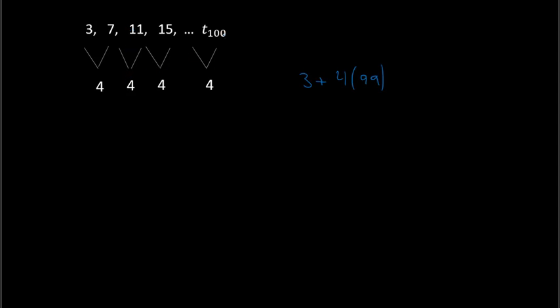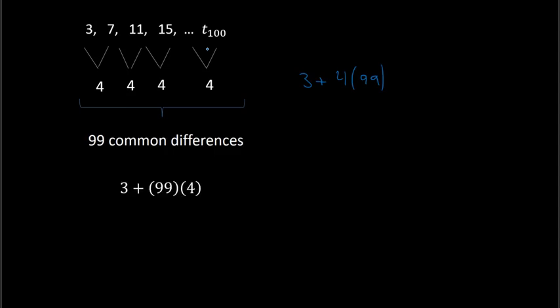So to get to the 100th term, we add 99 4s. So 3 plus 4 times 99 is 3 plus 396, which equals 399. That is the shortcut of finding a given term of a sequence.